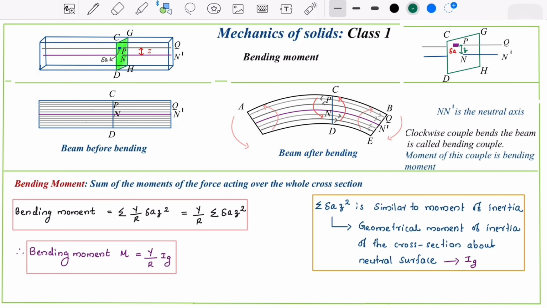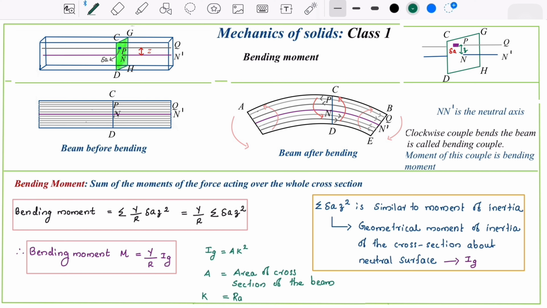So what is bending moment? It is Y by R Ig, where Ig is the geometrical moment of inertia. We can write Ig is equal to AK square, where A is the area of cross section. Moment of inertia is MK square. In the same way, you can write the geometric moment of inertia as AK square, where A is the area of cross section of the beam.